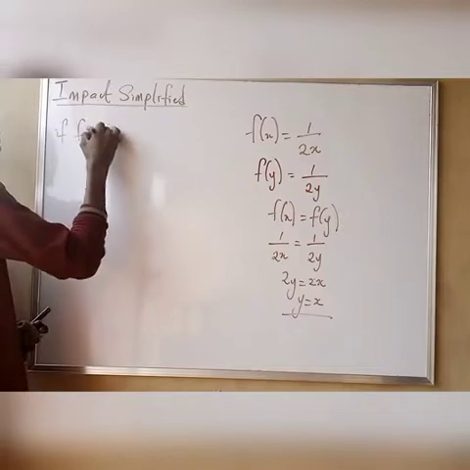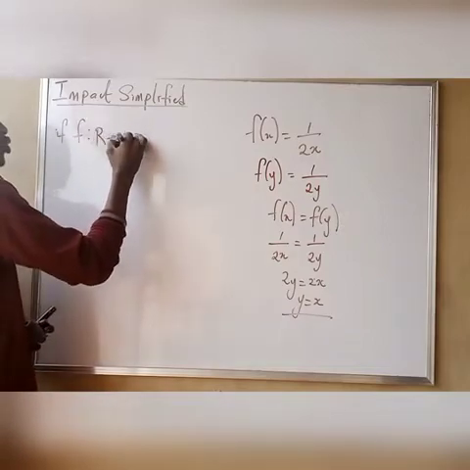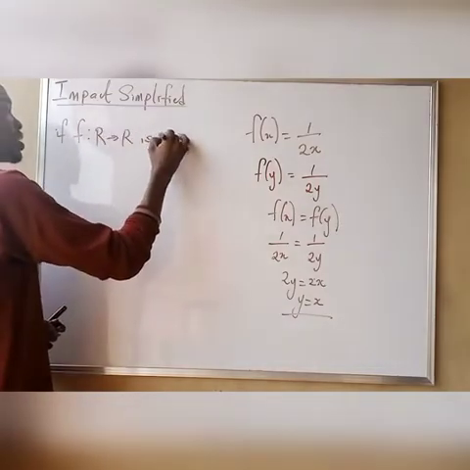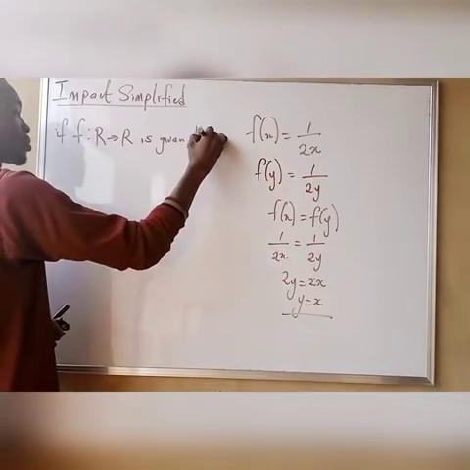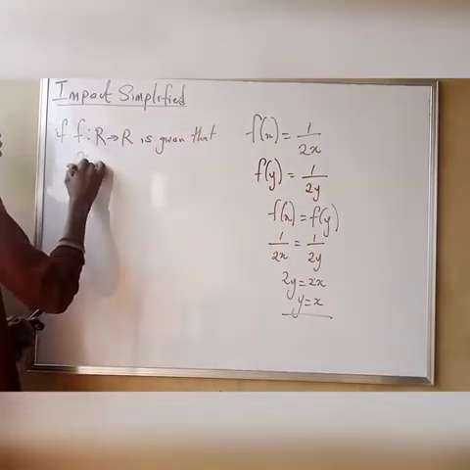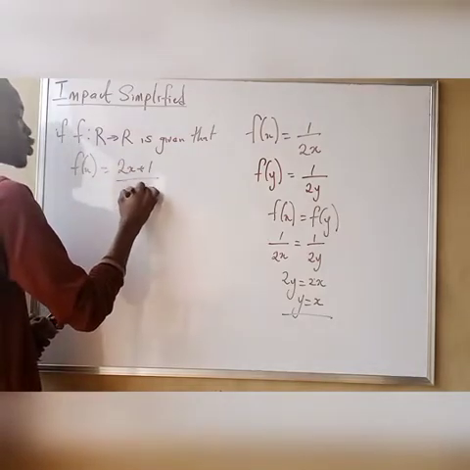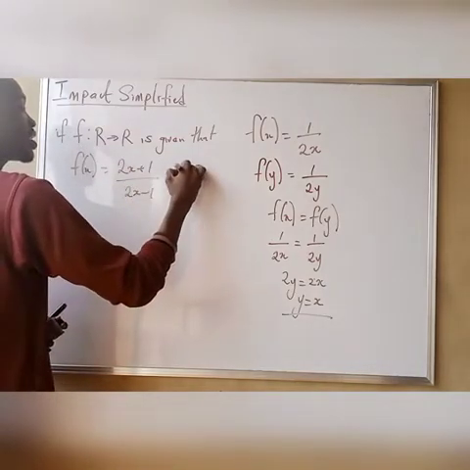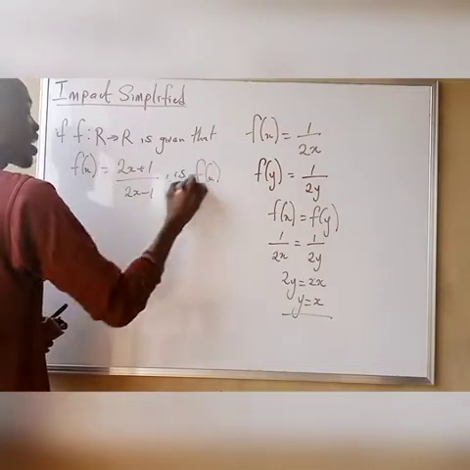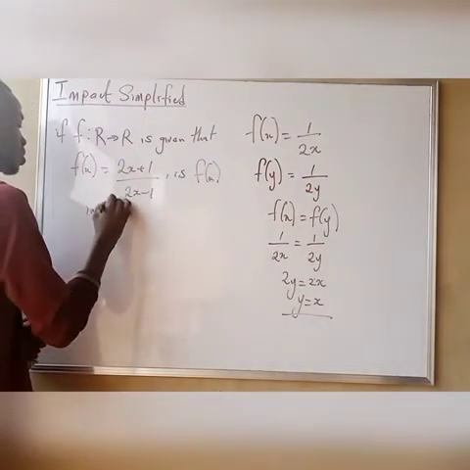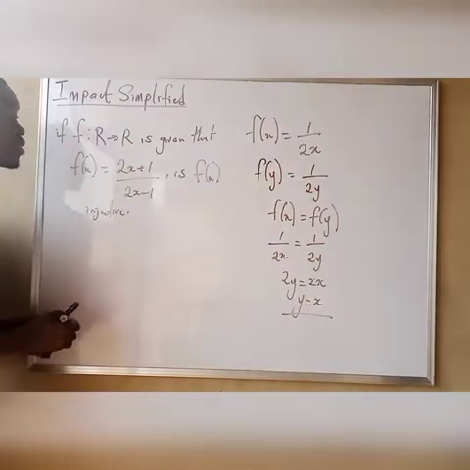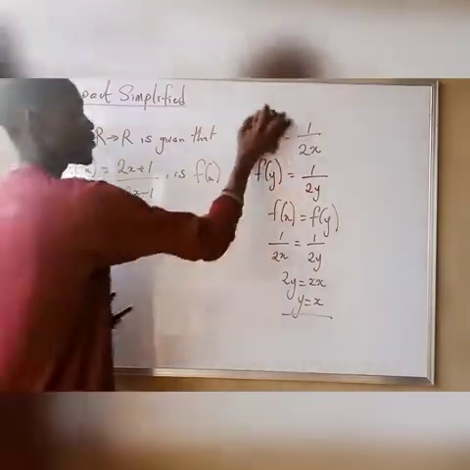They said f from R to R is given that f of x is equals to 2x plus 1 over 2x minus 1. They said is f of x injective. So we are still looking at the injective aspect of it.